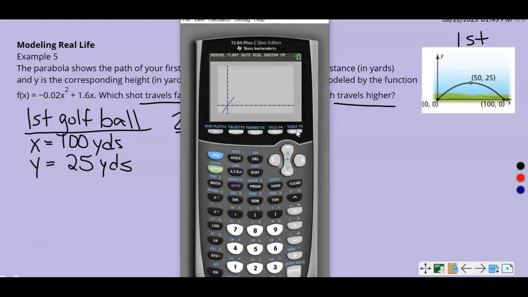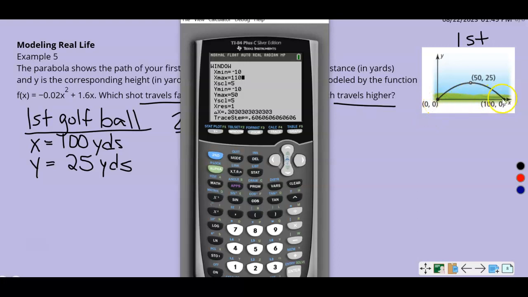All right, so if we want to look at it in relation to the first one to see how it's similar to the first one, what we need to do is change the scale. So let's make the x maximum, that's our x-axis, just past 100. Let's say 110.